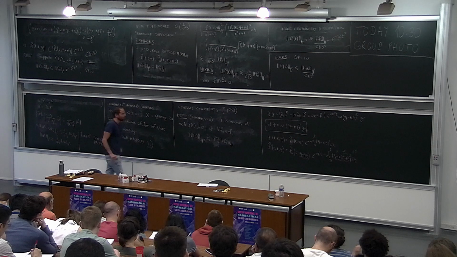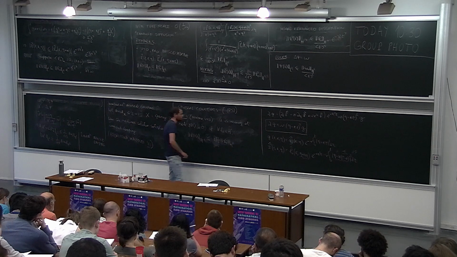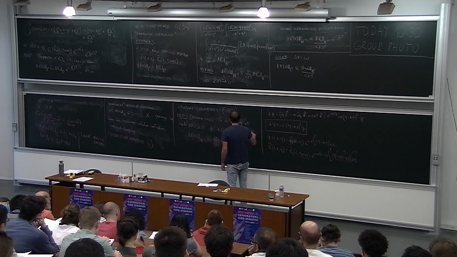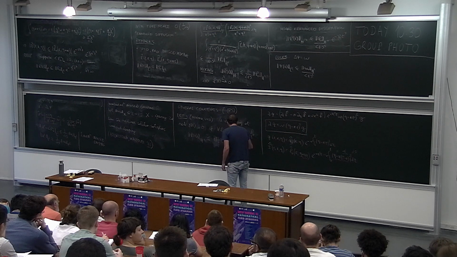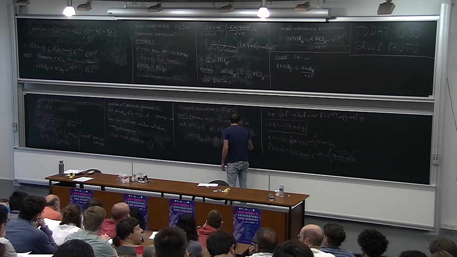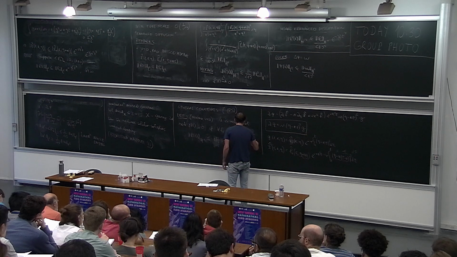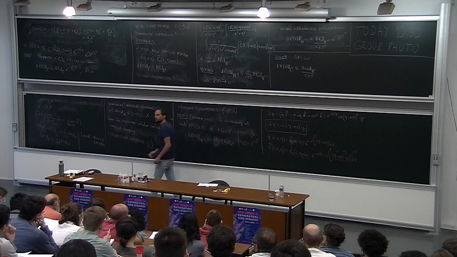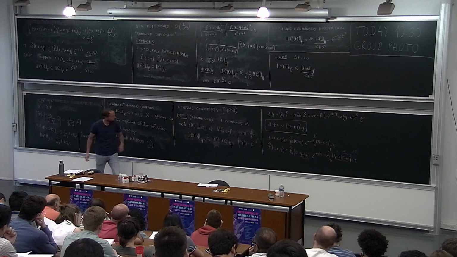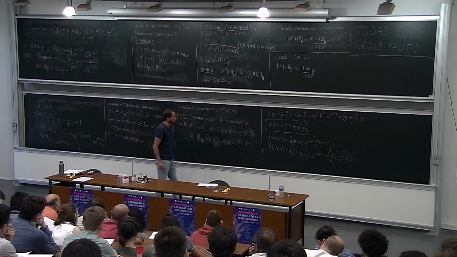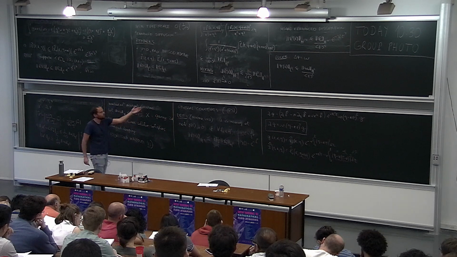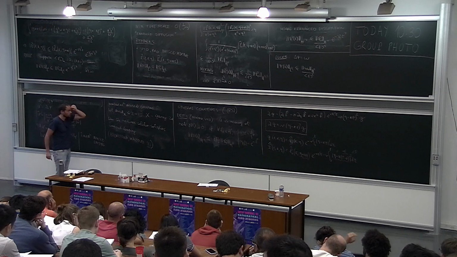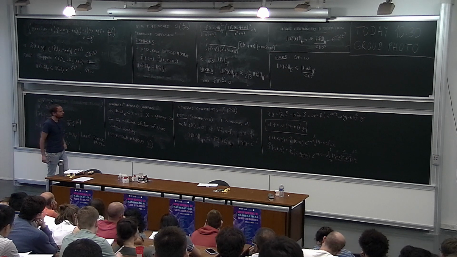I'm thinking of gamma of t as like 1 over t to some power, or gamma of t maybe is exponential of t to some power, something like that. So either algebraic mixing or exponential, super-exponential mixing.